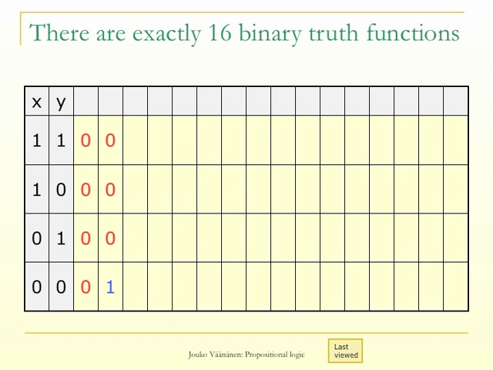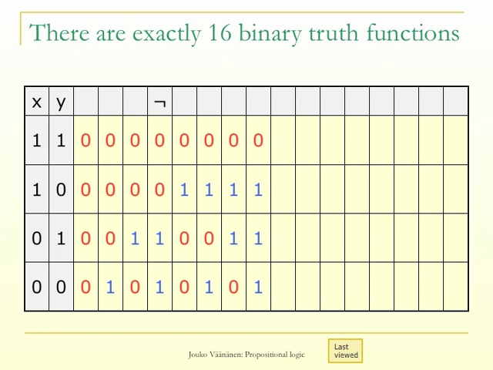After an odd one, we can see the truth table of the negation of x, then again an odd one, and then the negation of y. We skip over two functions and come to the truth table of conjunction. And immediately after that, the truth table of equivalence.